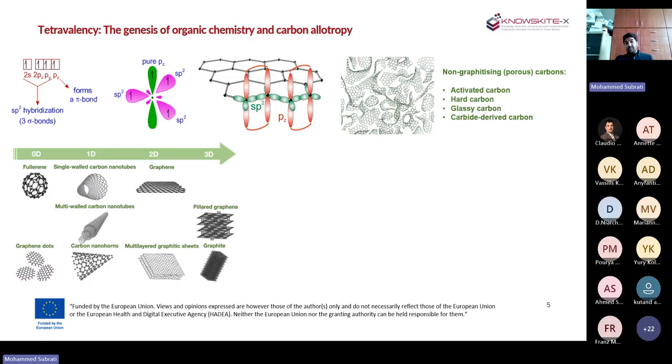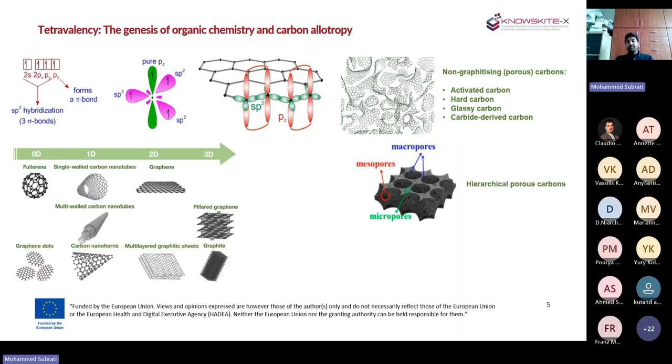And the most interesting of them all, also based on the graphene or graphitic sp2 hexagonal lattice, is the hierarchical porous carbons, a very unique family of porous carbon materials, which have 3 hierarchical levels of porosity, namely micropores less than 2 nanometers, mesopores in between 2 and 50 nanometers, and macropores above 50 nanometers.